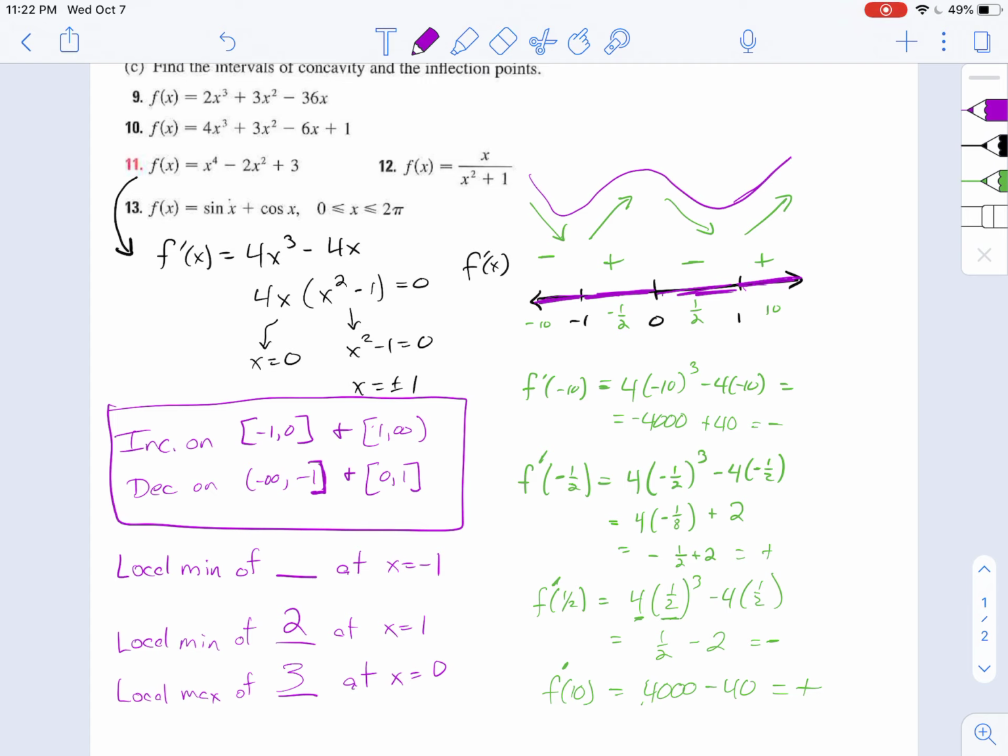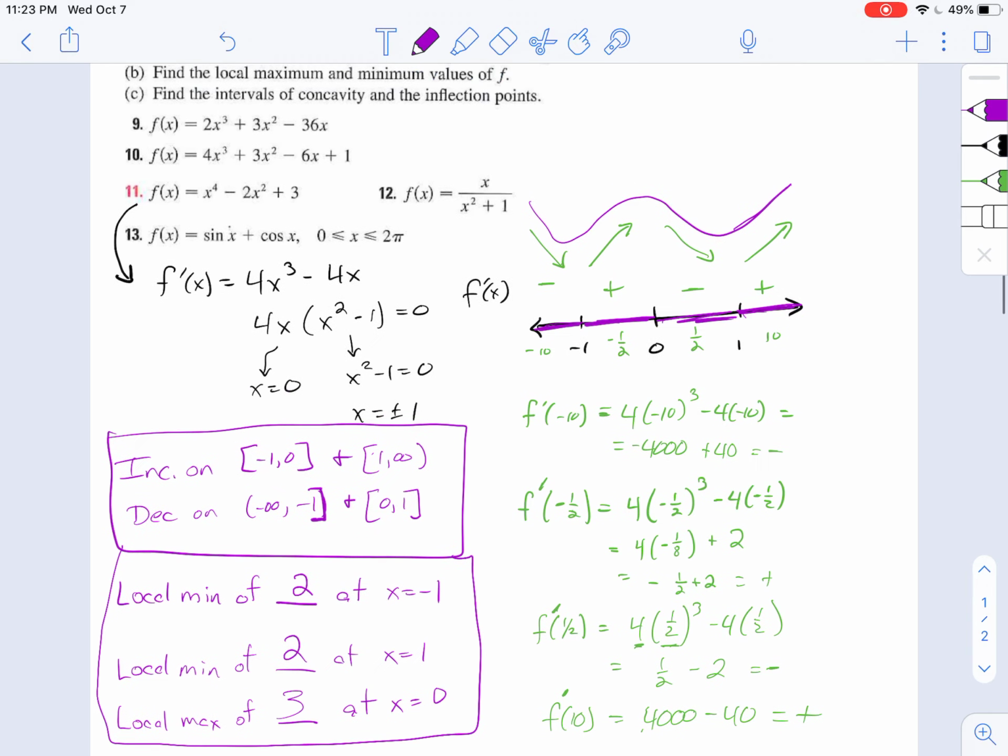And if you plug -1 in, you get 1 minus 2 is -1 plus 3 is 2. So this is the answer to B.